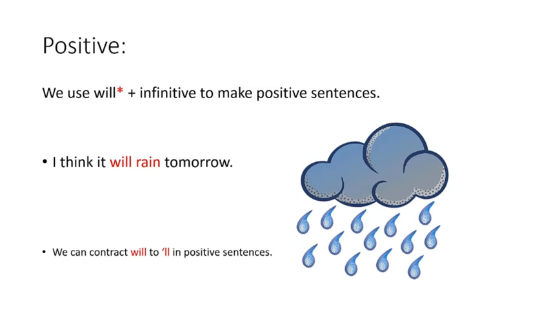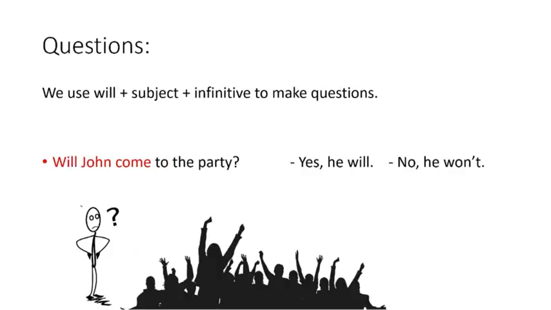Okay, so this is our belief, our opinion. That's why we use will. Let's take a look at questions now. In questions, we use will, and then we put the subject and then the main verb in infinitive to make questions. For example, will John come to the party?